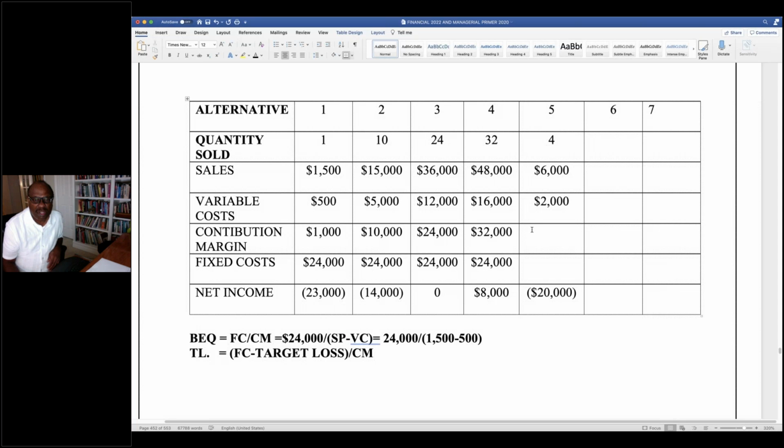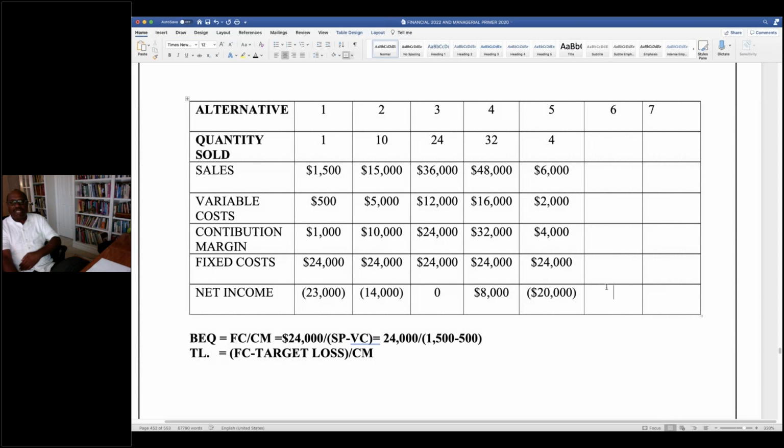So the contribution margin on a dollar basis at this level is how much? 4,000. And our fixed costs were what? 24,000. So does that produce our loss? Yes. Goodness. Yeah, I got 4 too. Oh, good, good.